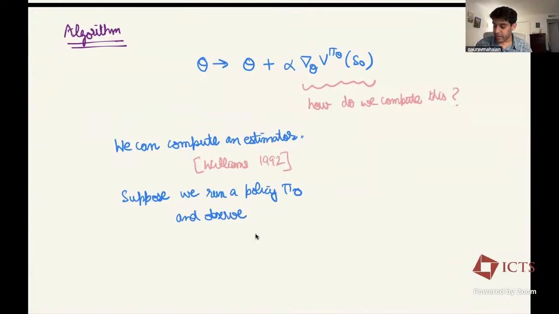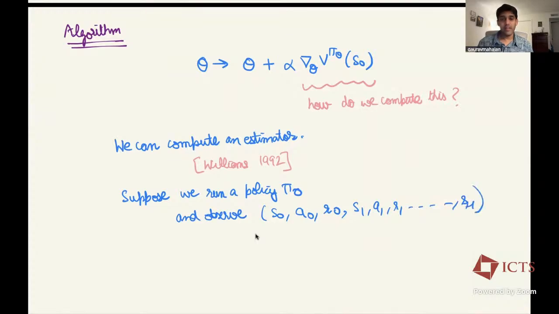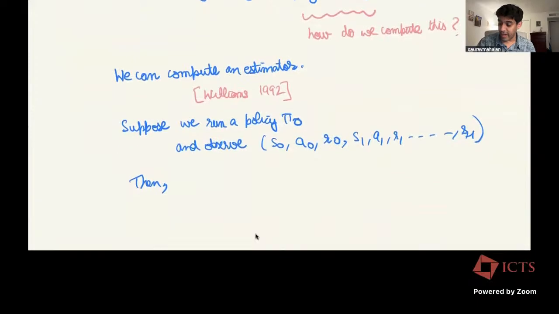You observe S0, then you choose the action randomly from pi theta, so you get A0. Based on that, you get some random reward R0. So it's a random sequence, and so on, and you end up in the last stage, and it ends. Then you can use this to create an unbiased estimator.